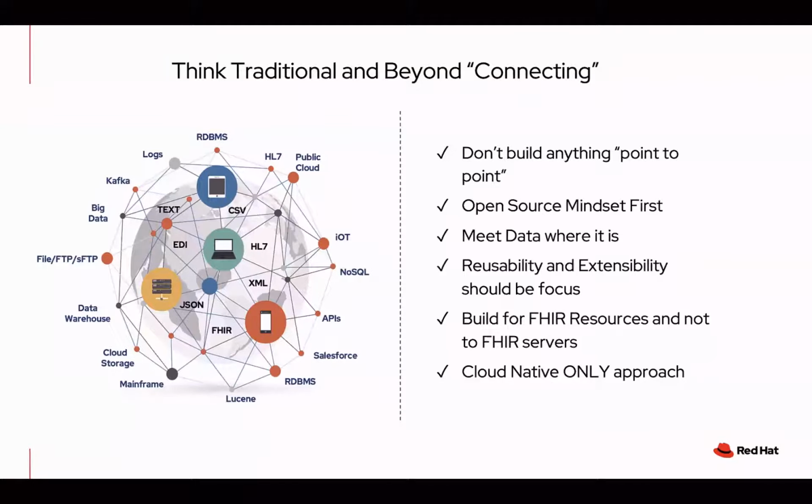So think beyond that, build to the resource with reusability and extensibility, and only think cloud native. Don't think about how many servers it's going to take to run. If we do our jobs correctly with this next transformational area, the user experience, the data experience, the developer experience will all be focused because it's cloud native.